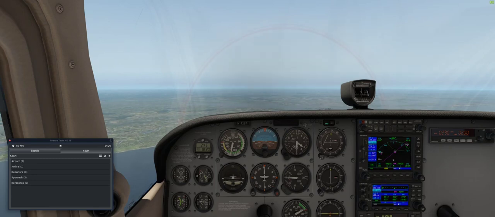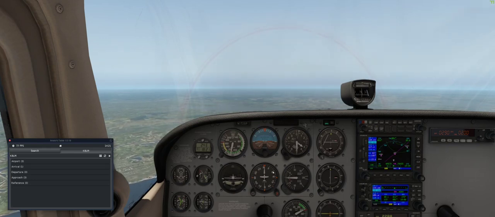What would I do? There's nothing here that tells me where that path is. There's no way to find it, except if I had previously set it in case I lose all my stuff that I'm used to having, and I just have these two pieces of equipment, the CDI and the heading indicator. That's why you set that.